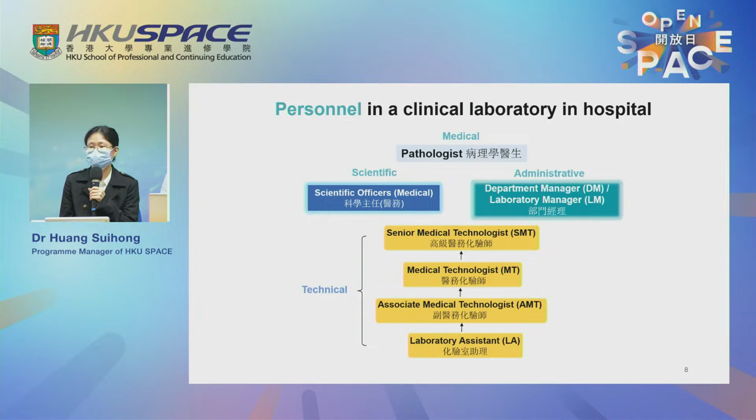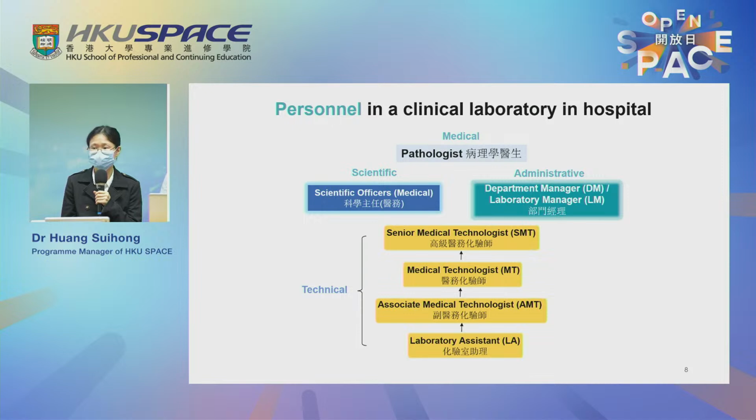So here shows you the personnel structure in a clinical laboratory in a hospital setting. In a typical clinical laboratory, there is a diverse team of professionals, including the pathologist, which is the medical doctor who oversees and interprets the laboratory results.